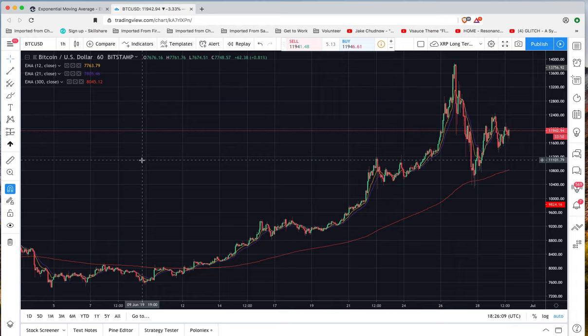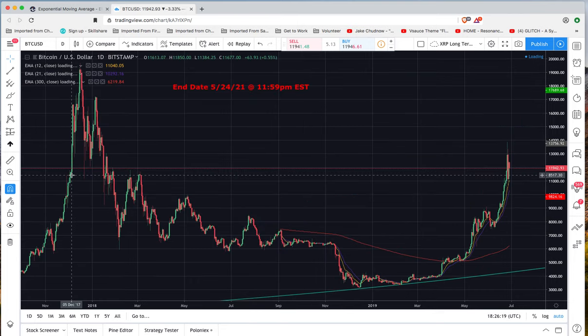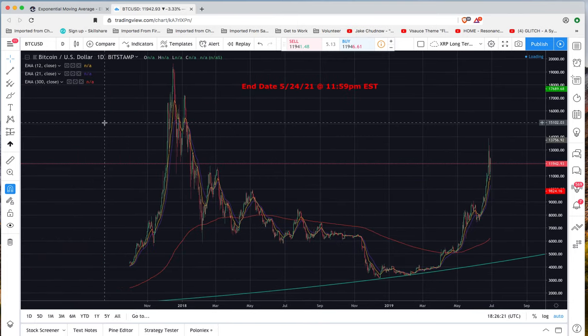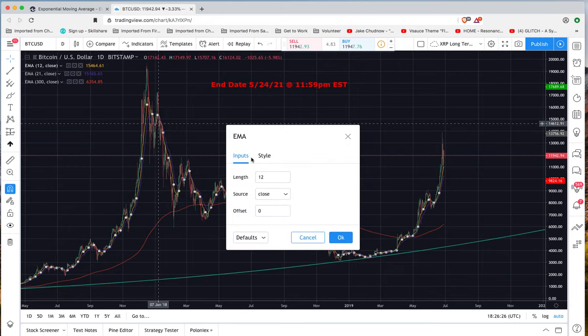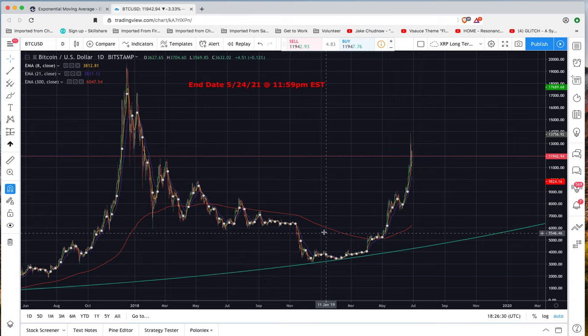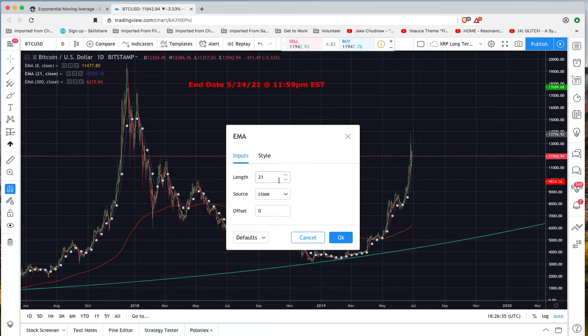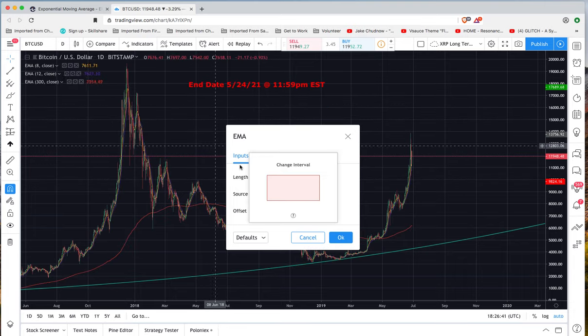So what I suggest is going into TradingView, changing around these different EMA values on different time frames and seeing what works. If we were to go to the 1 day, I do something more along the lines of an 8 period, a 12 and a 30.